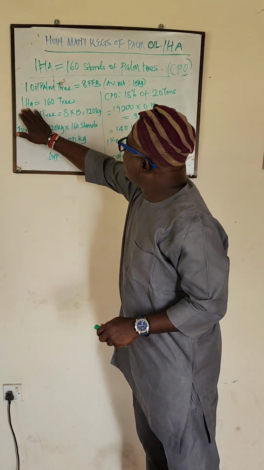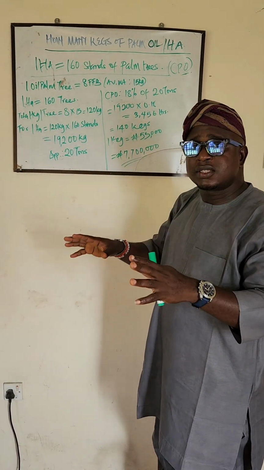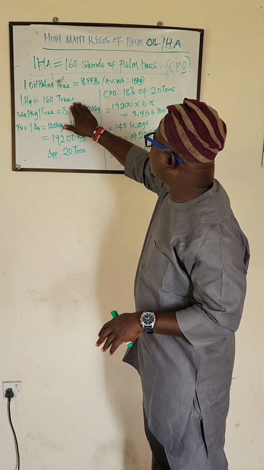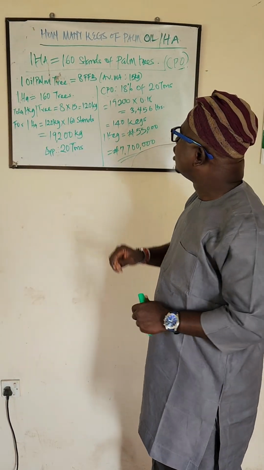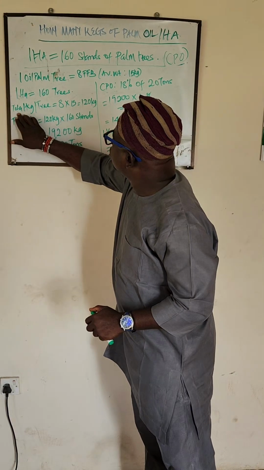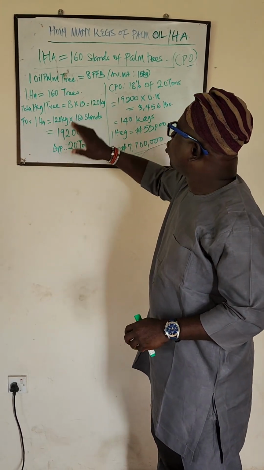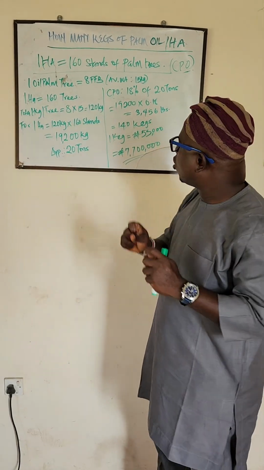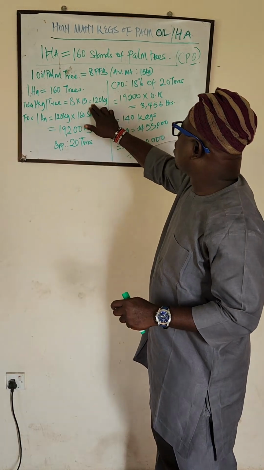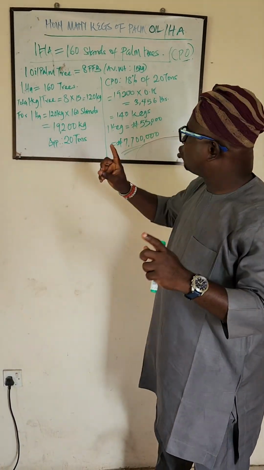For 1 hectare of land, you are expected to plant not less than 160 trees. So let us look at the total kg per tree. For one tree, let us say you harvested 8 FFB on it, so you are going to get about 120 kg per tree.